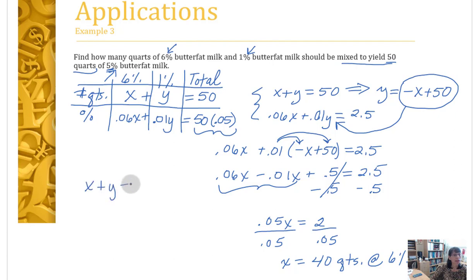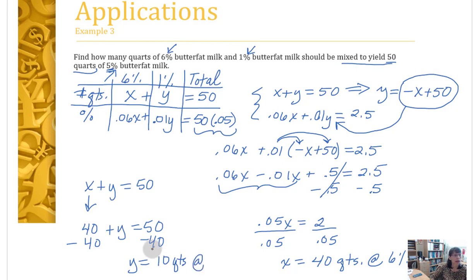X plus y equals a total of 50 quarts. X is worth 40 quarts. So x will be replaced, or substitute 40 for x, plus y equals 50. Subtracting 40 from each side of this equation, y equals 10 quarts, and y is at the 1% solution.